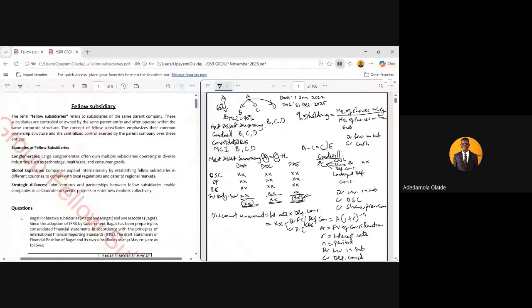But if it reduces, then we debit the contingent deferred consideration account and credit it to where? Consolidated retained earnings or other income. Yeah, that is on contingent deferred consideration.